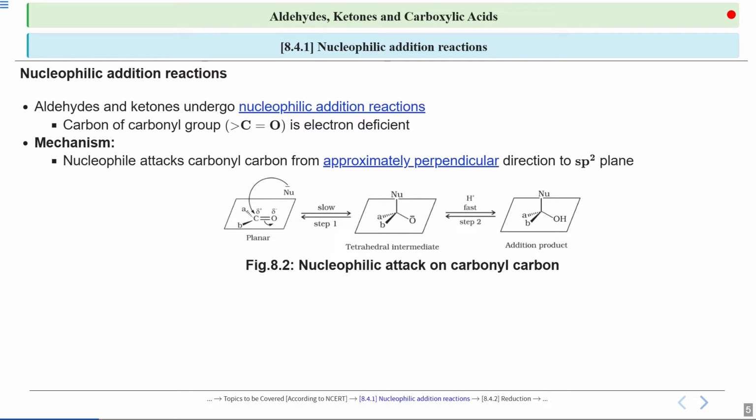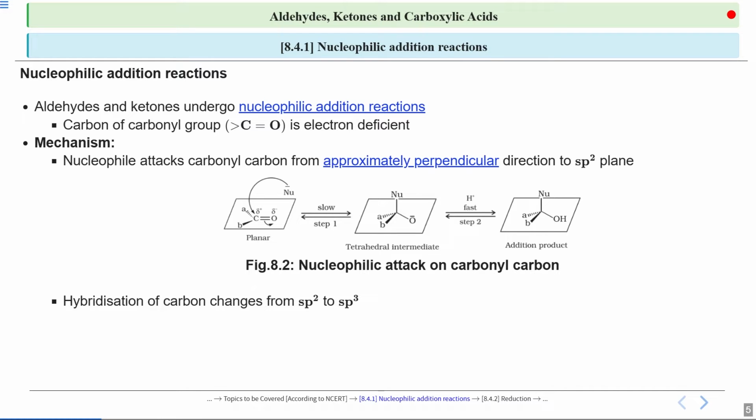Okay. So this is the first step where the nucleophile attaches. It is the slow step, and the slow step is your RDS, which is the rate determining step. Now you see in the second diagram, it forms an intermediate, which is a tetrahedral intermediate. So the nucleophile gets attached to this carbonyl carbon. Now what happens? As the nucleophile attacks, the hybridization of the carbon changes from sp2 to sp3.